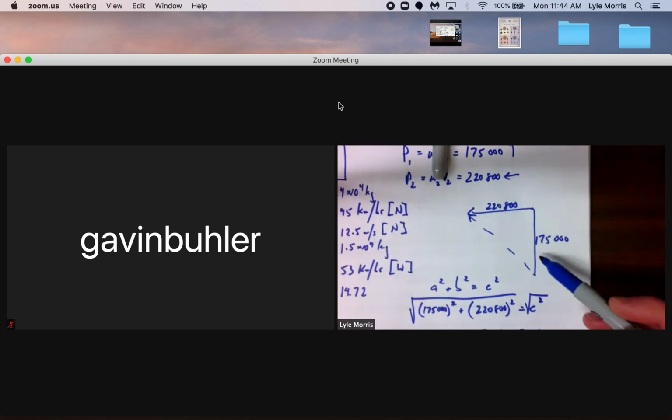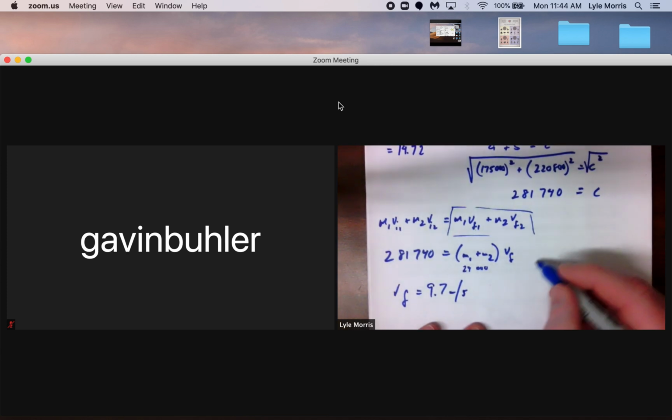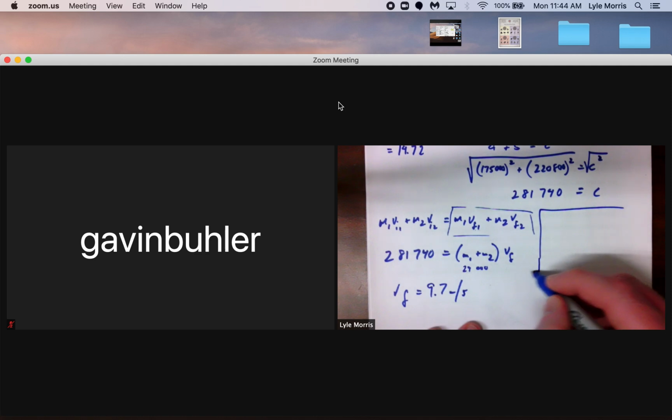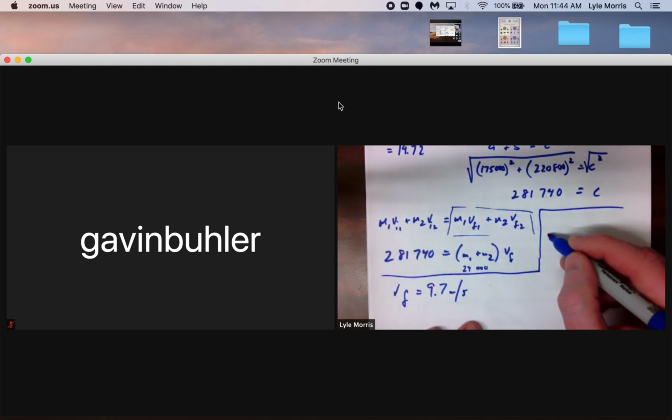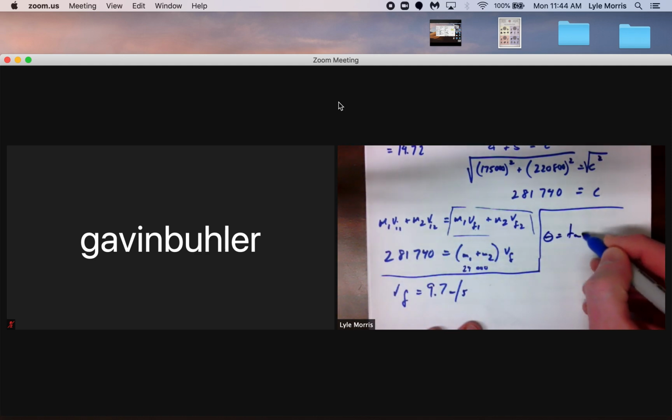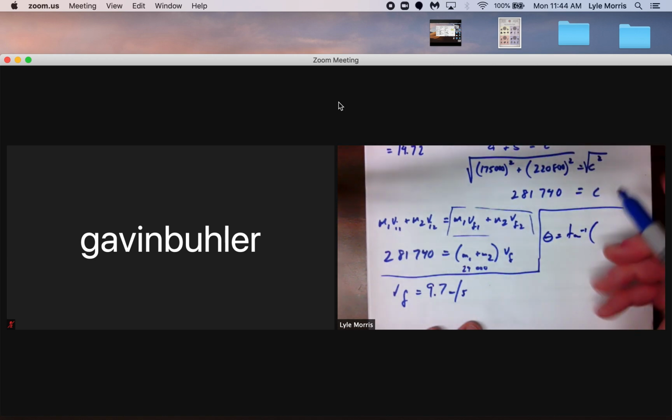So theta equals inverse tan of opposite, which is 220,800, divided by 175,000.